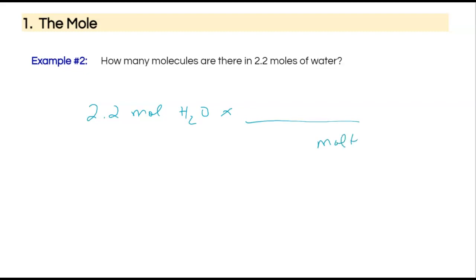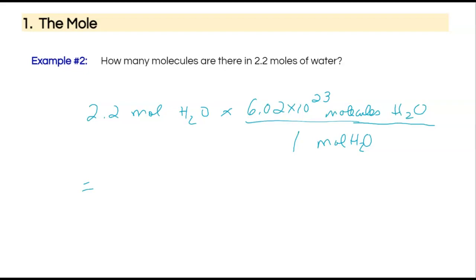So my moles of water, I'm going to go down here. And I know that in 1 mole of water, I have exactly 6.02 times 10 to the power of 23 molecules, or pieces of water. Water comes in molecules, right? So that's what the pieces would be called.